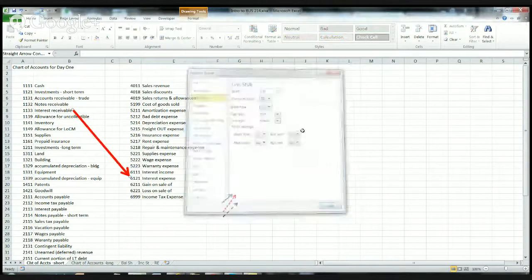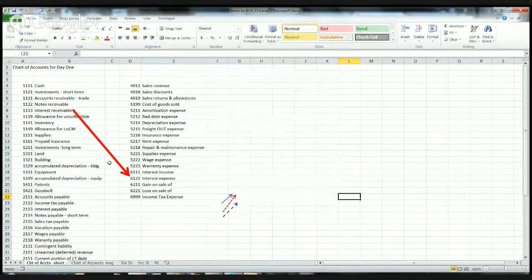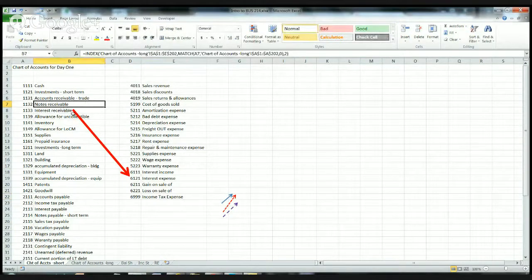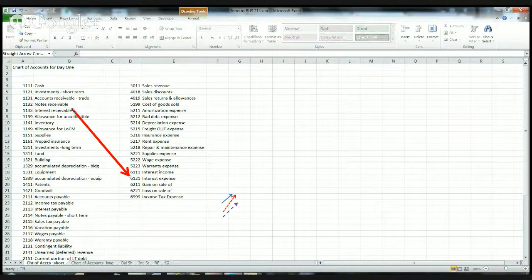You'll do plenty of that in the course, one way or the other. So let's look at notes receivable. If somebody owes us money on a note, we're probably going to charge them interest. And so we'll accumulate interest receivable, but on the income statement, that's interest income.